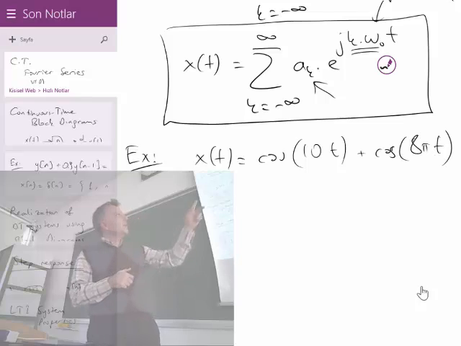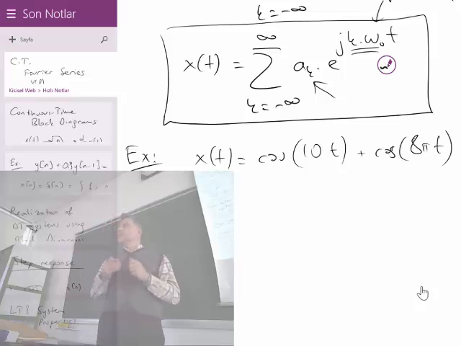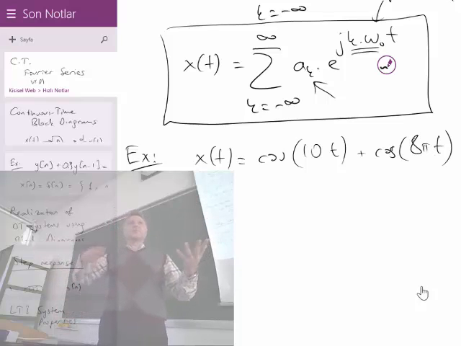And we know that one of them has pi and the other one doesn't have a pi. And pi is irrational. So no matter how large a number you may multiply with pi, you will never get to an integer. On the other hand, 10 is an integer number, so you will also multiply it with some other integers.